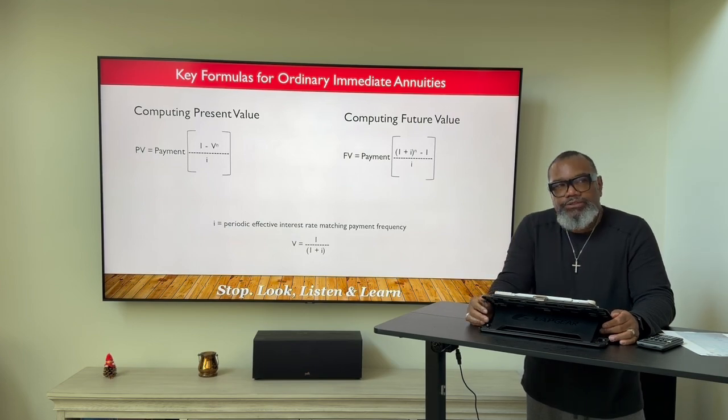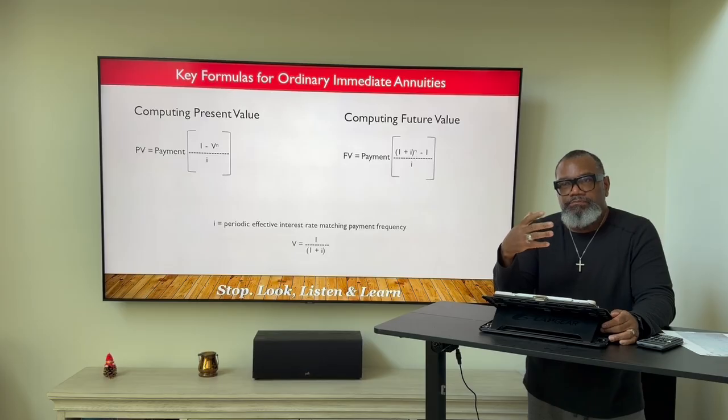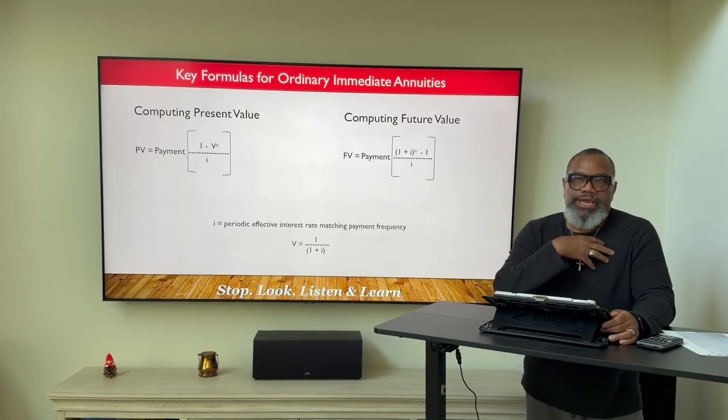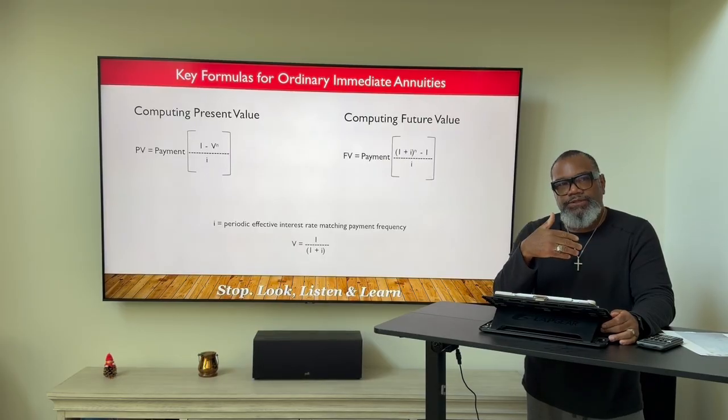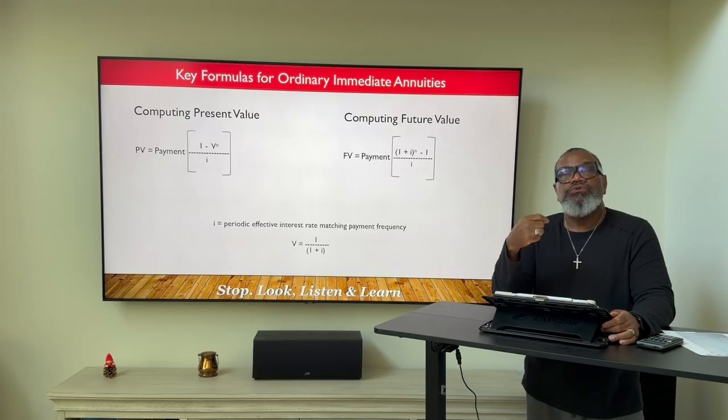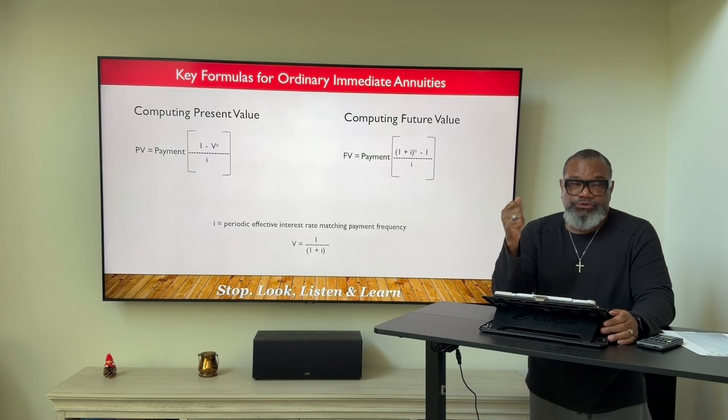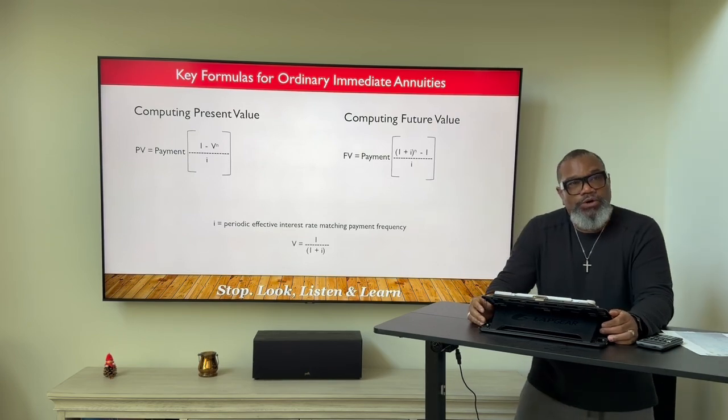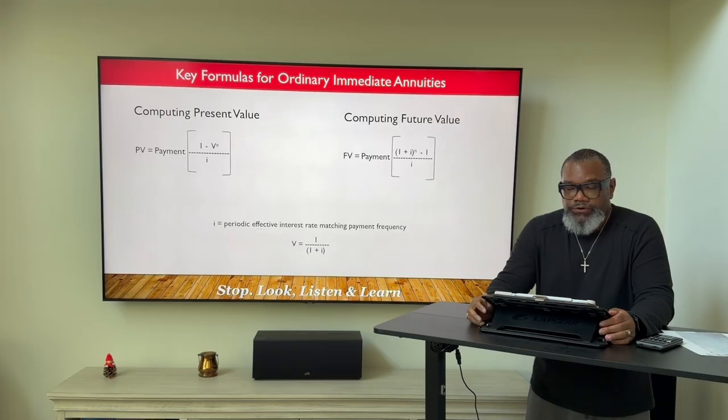If we were looking at a mortgage where we would be making the payments monthly, or if we were the bank extending the mortgage where we would be receiving the payments monthly, well then we would want the monthly effective interest rate, and then N would be equal to the number of payments under the mortgage. So if it's a 30-year mortgage, N would be 360. If it was a 20-year mortgage, N would be 240, because that's how many payments you would make with a 20-year mortgage, if you will, right?